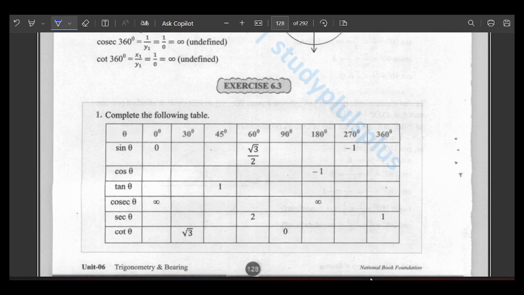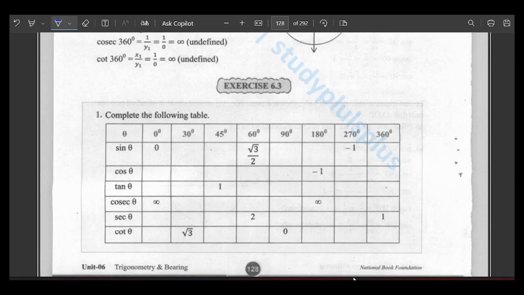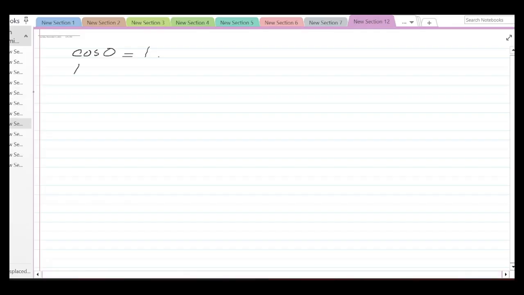In the first, we have sine of 0 and that is already filled as 0. But what is the cos of 0? So we can write that the cos of 0 will be equal to 1. And then we have the tan of 0. The tan of 0 will be equal to 0, because the sine of 0 is 0 and the cos of 0 is 1.